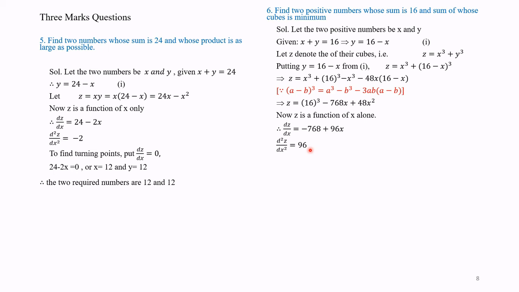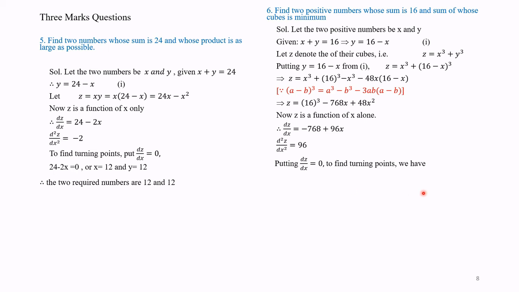Therefore, to find the turning points, we have to put dz by dx equal to 0. Therefore, we get minus 768 plus 96x is equal to 0, or simplifying we get x is equal to 8.